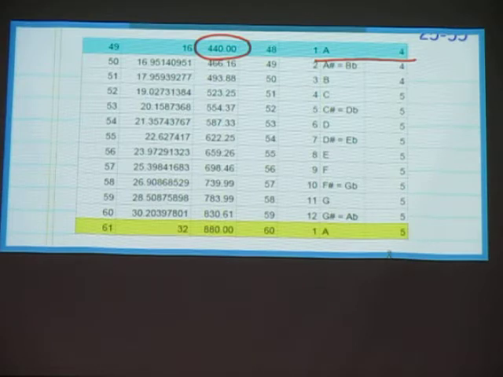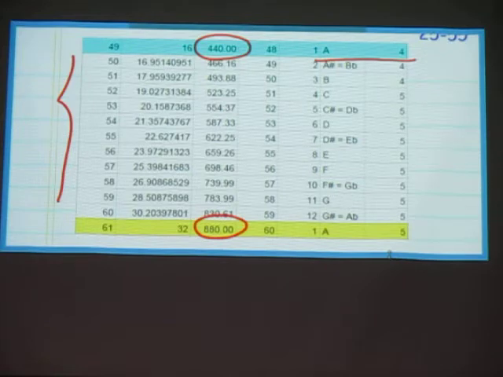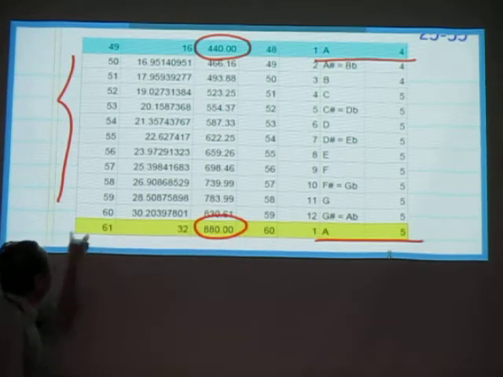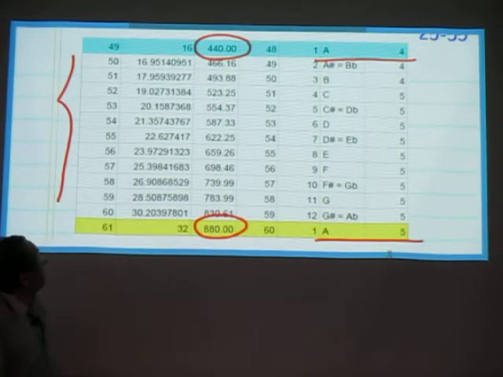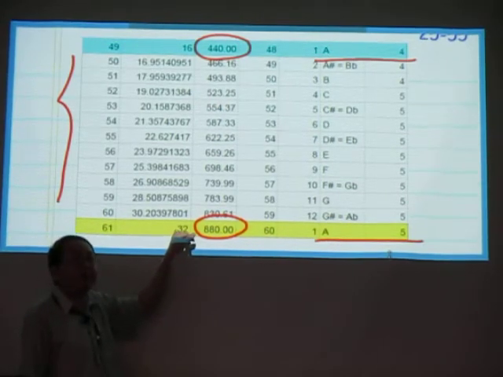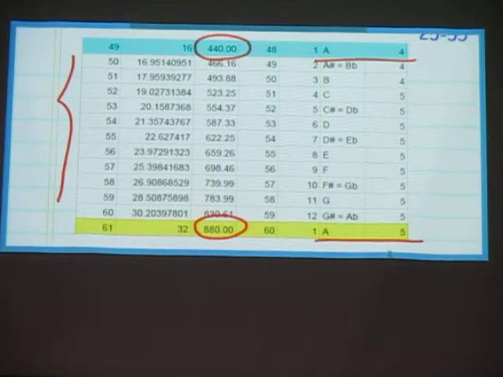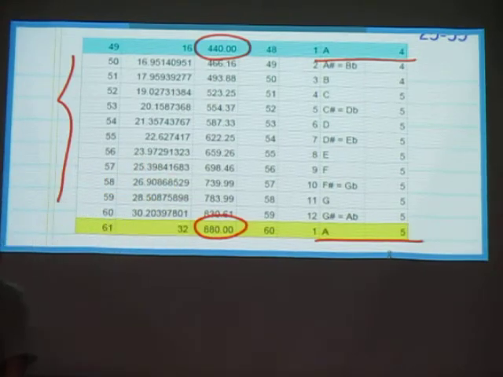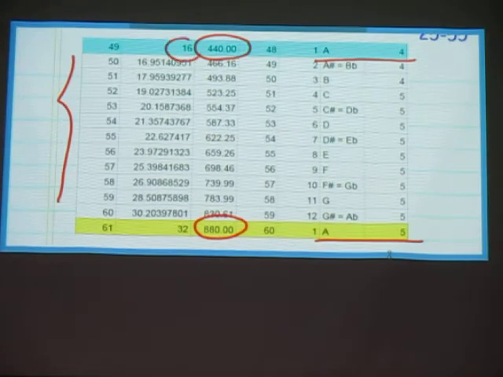You see that after 12 semitones, the frequency of A5 is exactly 2 times 440, that's 880. Here the factor is 32. That means if you take 27.5 multiplied by 32, you get 880 Hertz. Or up there, 27.5 multiplied by 16 is 440 Hertz. This is the frequency factor.